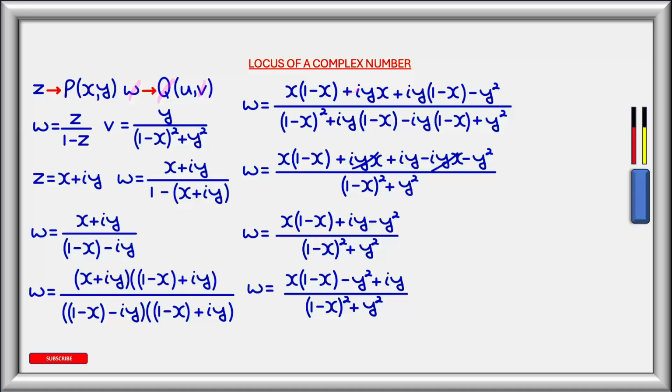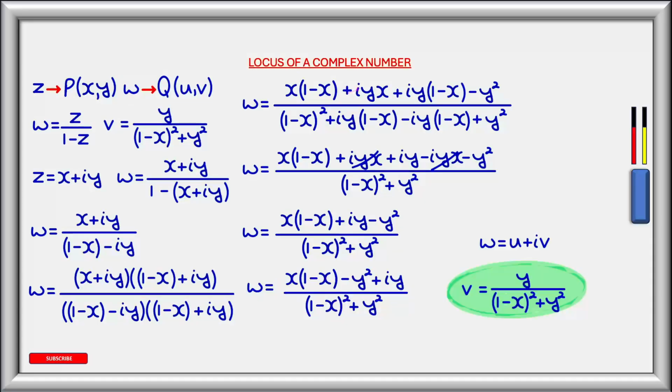So if we look at our expression for w, the real part is x into the bracket of 1 minus x minus y squared divided by (1 minus x) all squared plus y squared, and its imaginary part in terms of x and y is y divided by (1 minus x) all squared plus y squared.